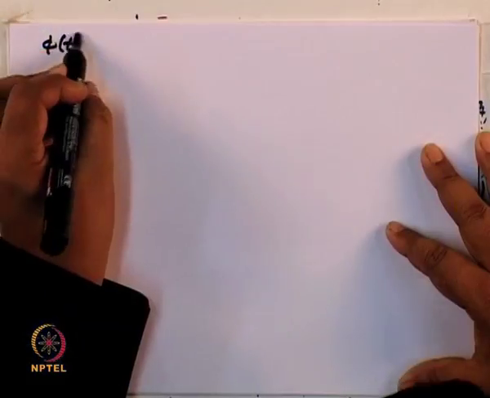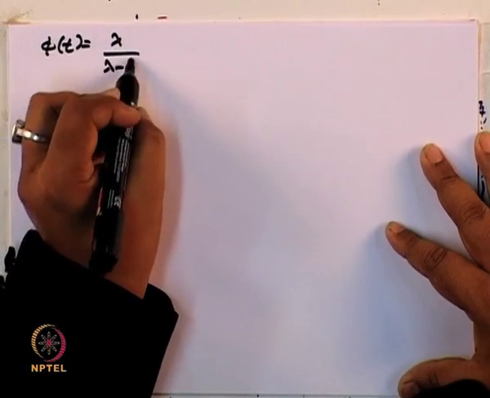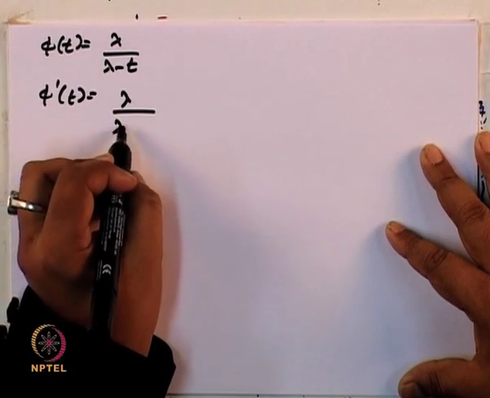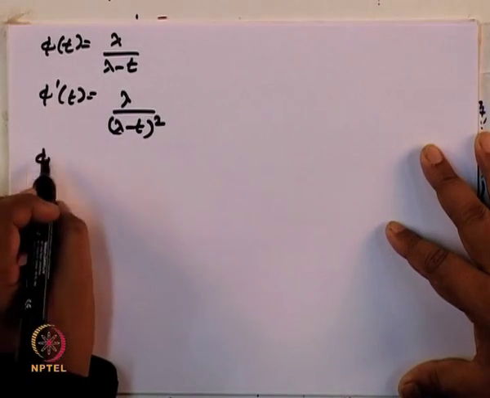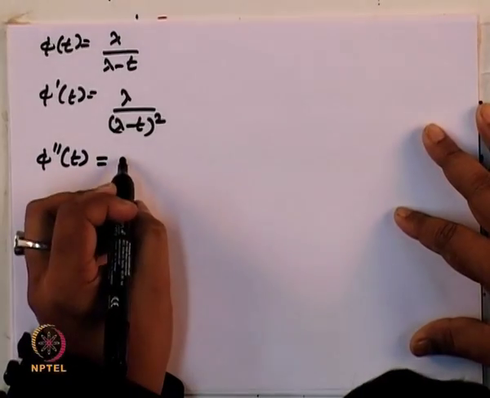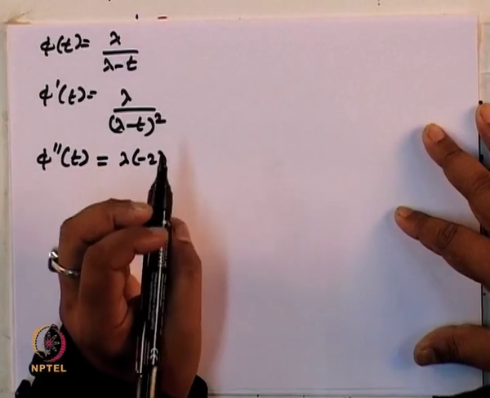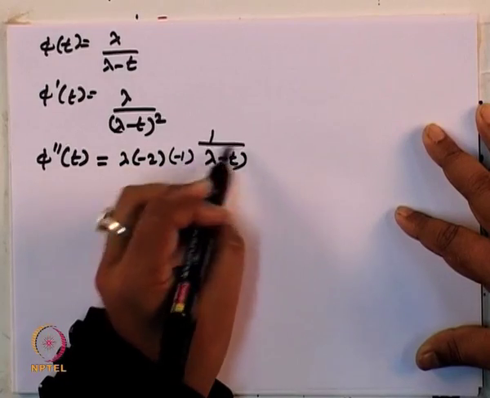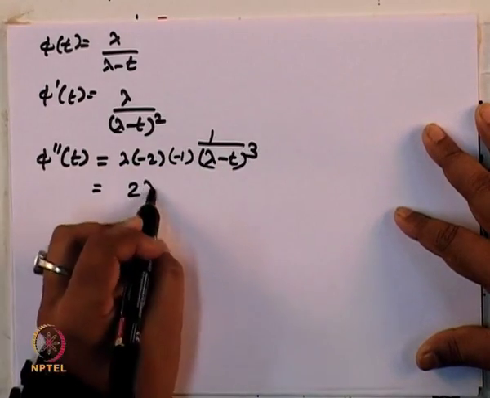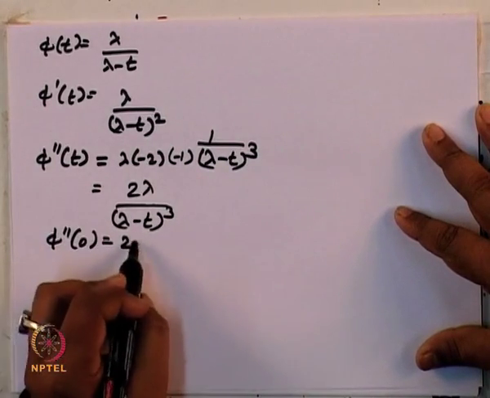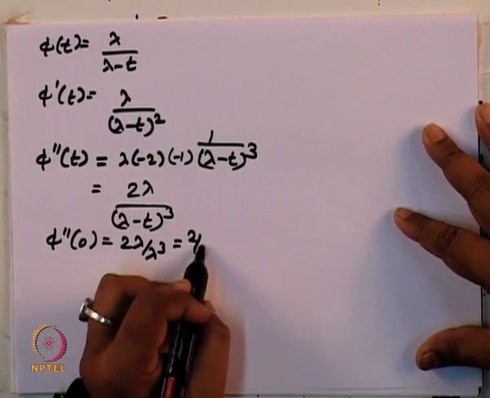We can accordingly do phi double prime of t. Phi of t gives you a value of lambda by lambda minus t. Phi prime of t is lambda by (lambda minus t) whole square. Phi double prime of t will give you 2 lambda by (lambda minus t) whole cubed. So, phi double prime of 0 will be 2 lambda by lambda cubed, equal to 2 by lambda square.